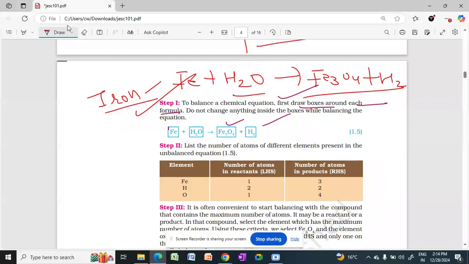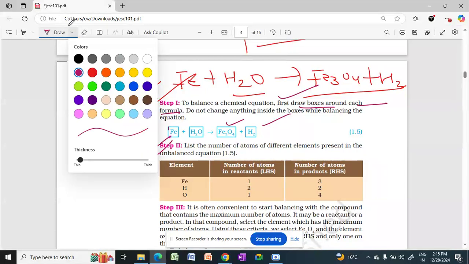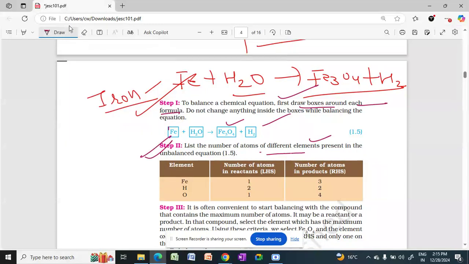Step number 2, list the number of atoms of different elements present in the unbalanced equation. So I simply make a list here of the elements.